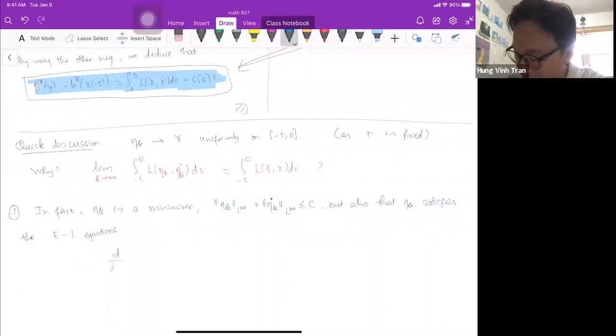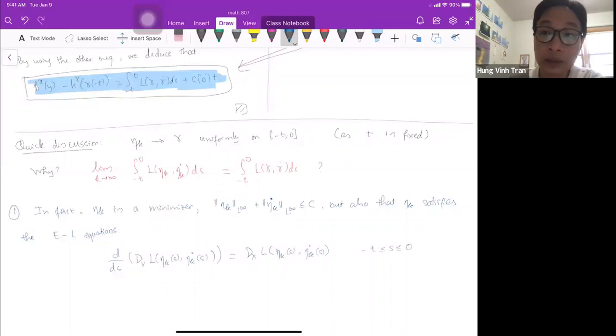D over ds, correct me if I'm writing something wrong, of d_v L at eta k of s, eta k dot of s, equals d_x L at eta k of s, eta k dot of s, for minus t less than or equal to s less than or equal to 0, right?